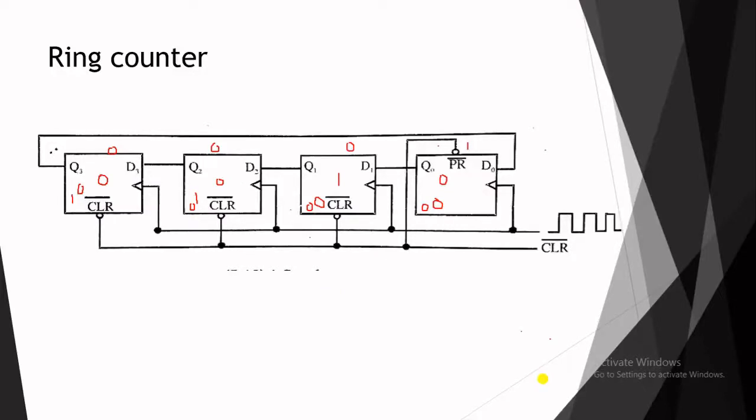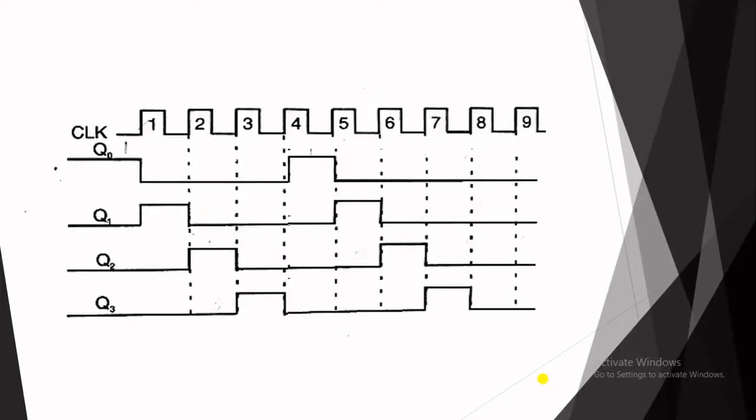Now next, timing diagram of ring counter. The initial condition of ring counter is 0 0 0 1.